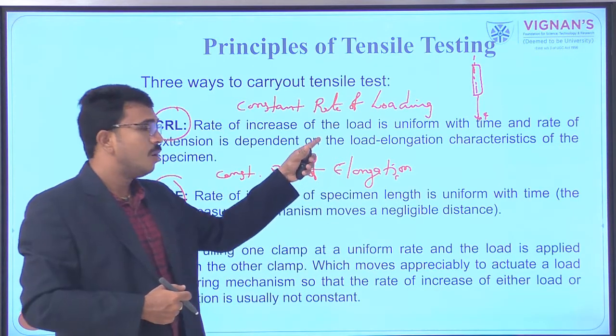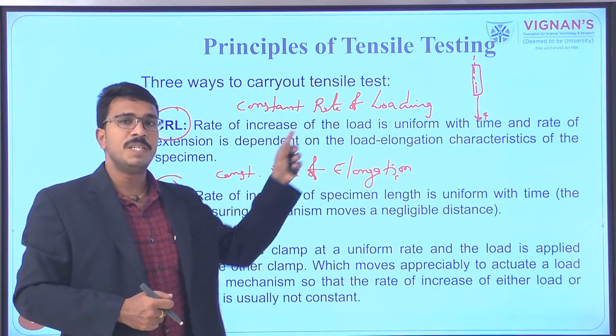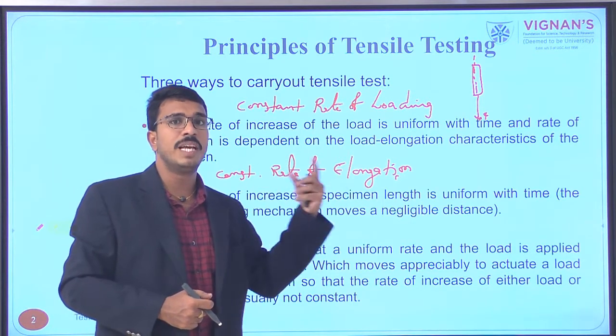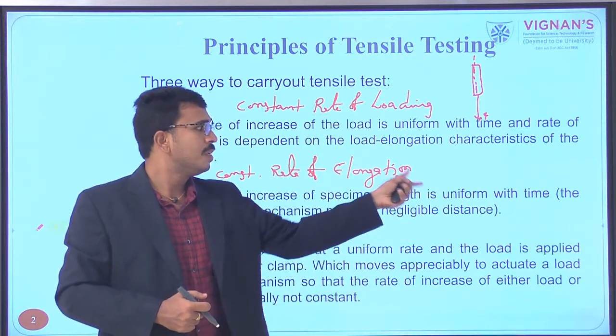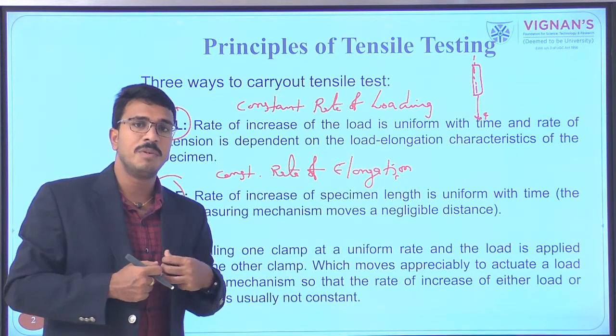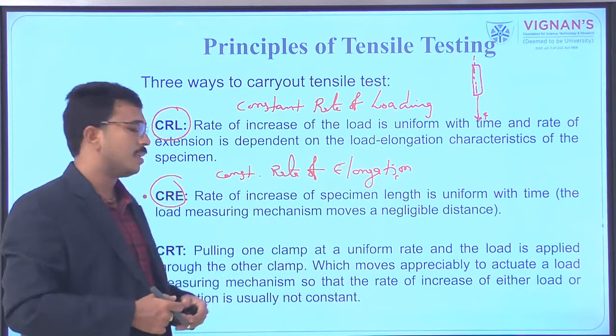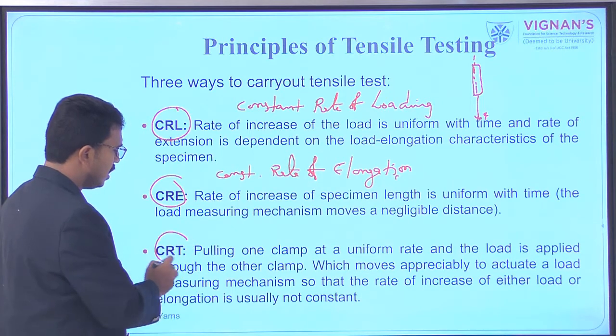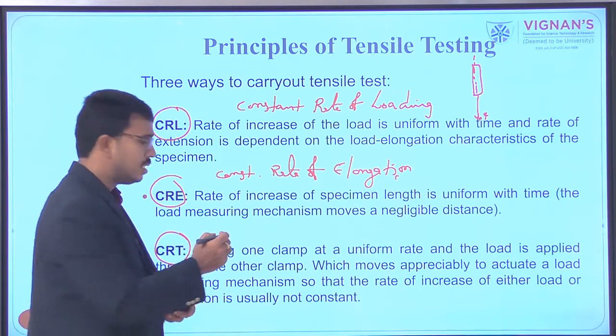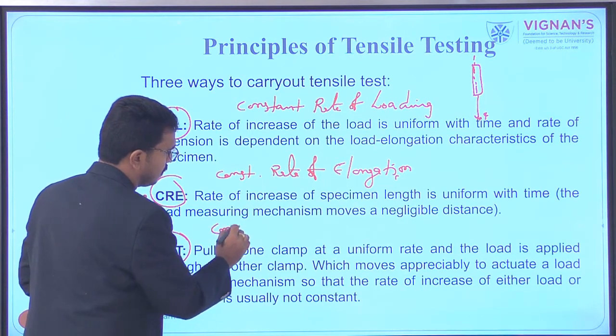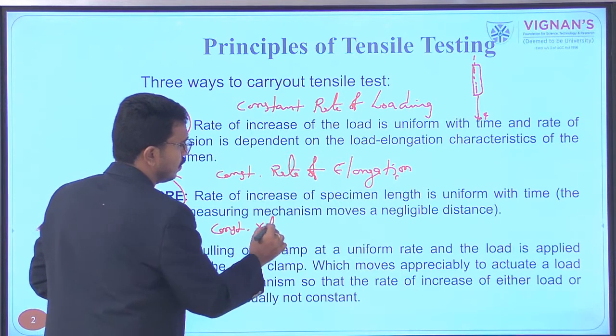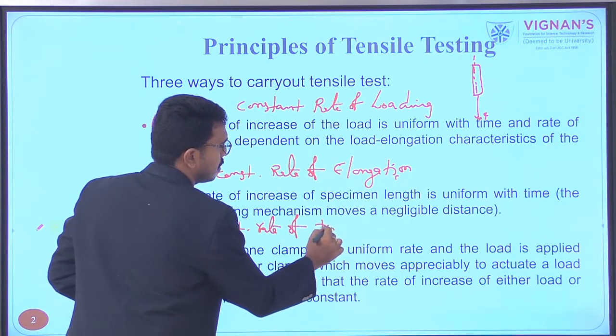So here, in CRL, load causes the specimen to break, and in CRE, the extension at uniform rate with time causes the specimen to break. The next one is the CRT principle, that is constant rate of traverse.